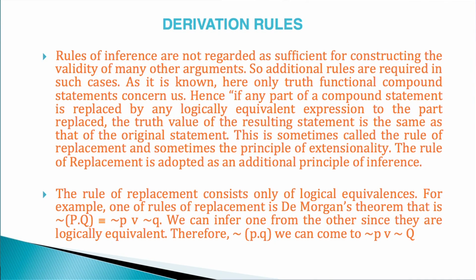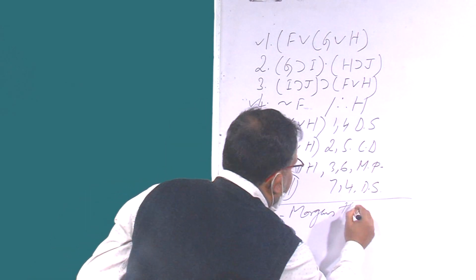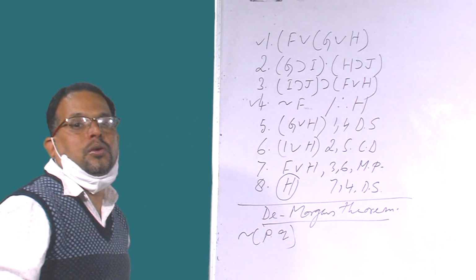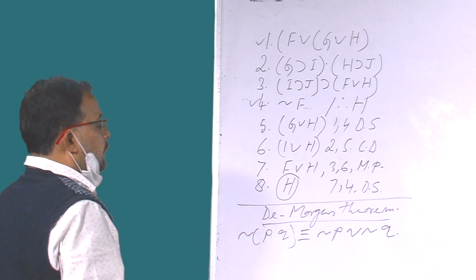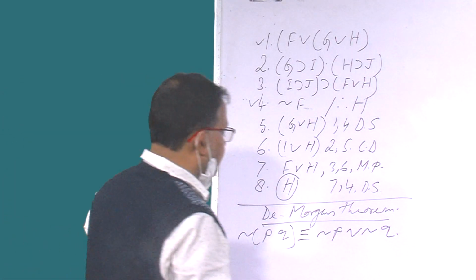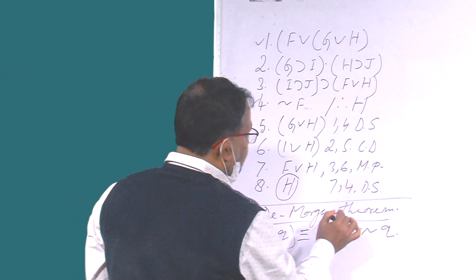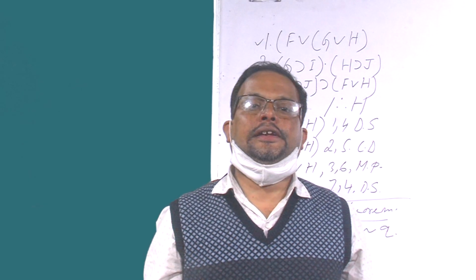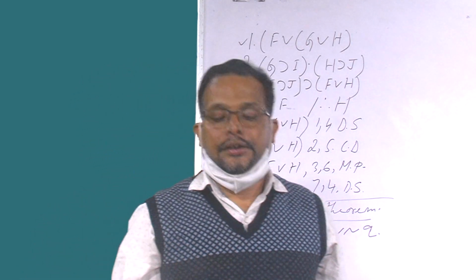Now let us see the logical form of De Morgan's theorem: ~(P . Q) is equivalent to ~P v ~Q. That is, negation of (P dot Q) is equivalent to negation P vel negation Q. So dear learners, we can infer one from the other since they are logically equivalent.